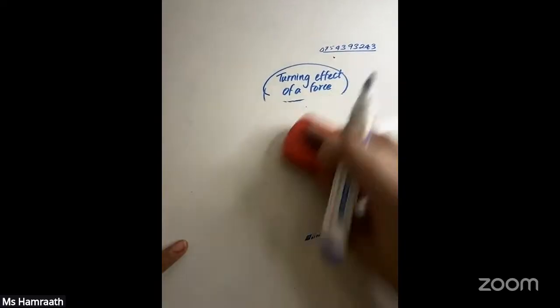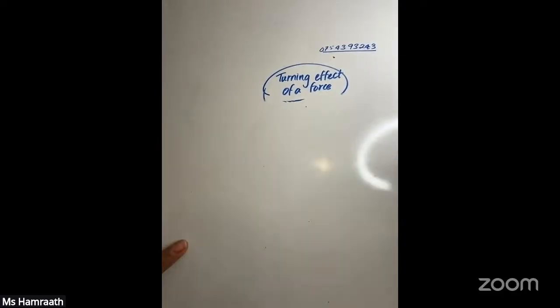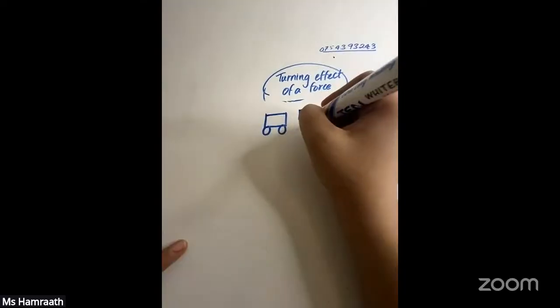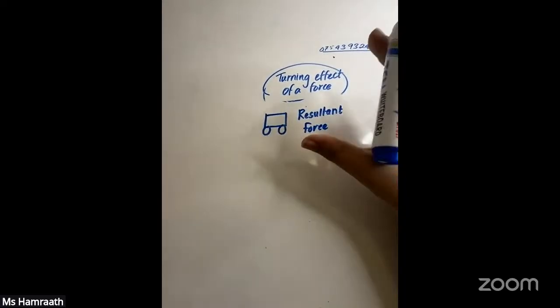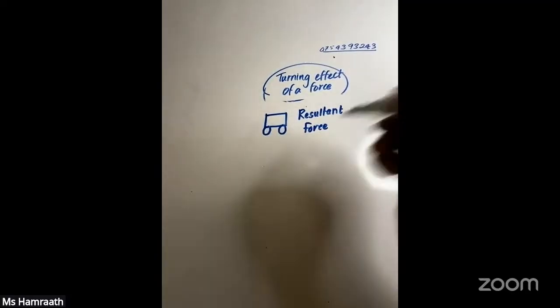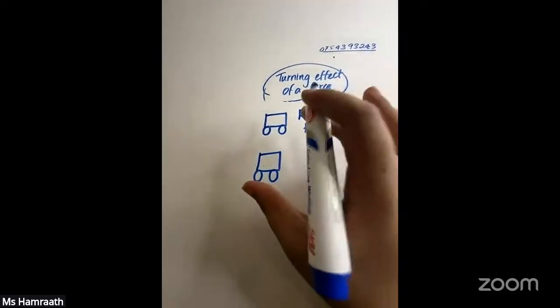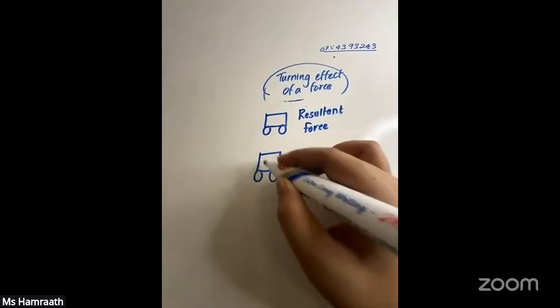Now, say for example you have an object. The only force that I can give for this object is a resultant force. Resultant force is a force that will allow the object to move. Now say an object is already moving and I want to stop it.